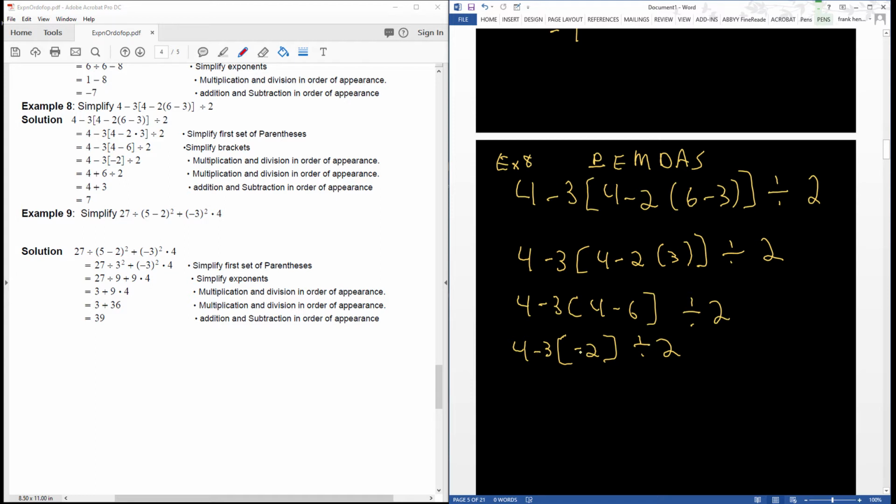So I have -2 times 3, is going to be 4 minus 6 divided by 2. So I took care of multiplication. It said negative 2 times 3. So taking here, I have a division that's left.